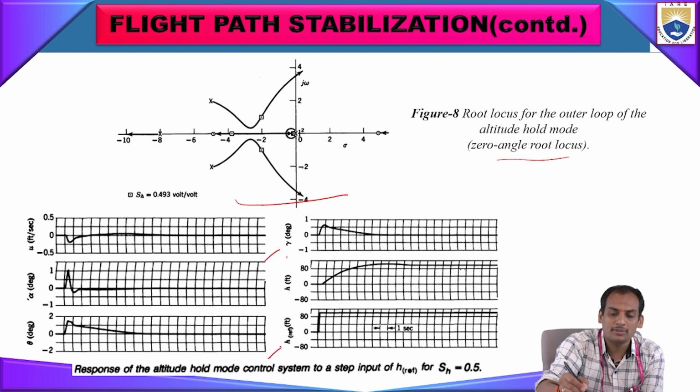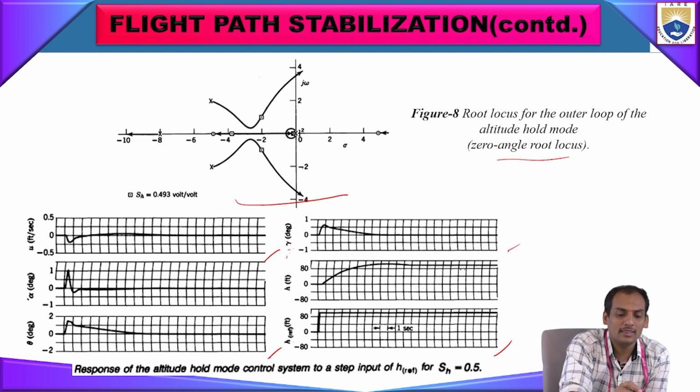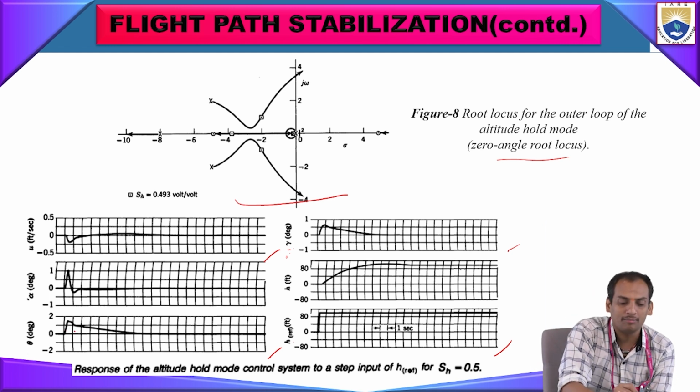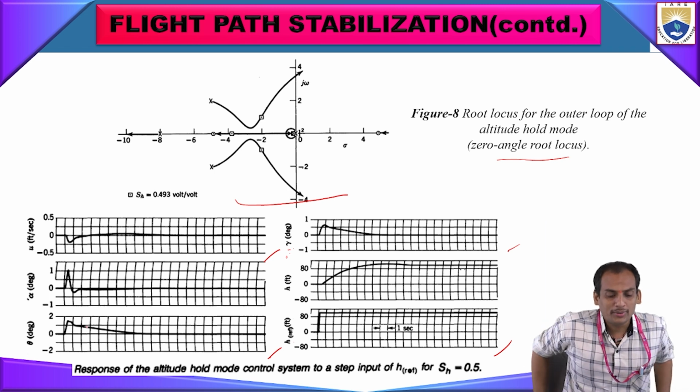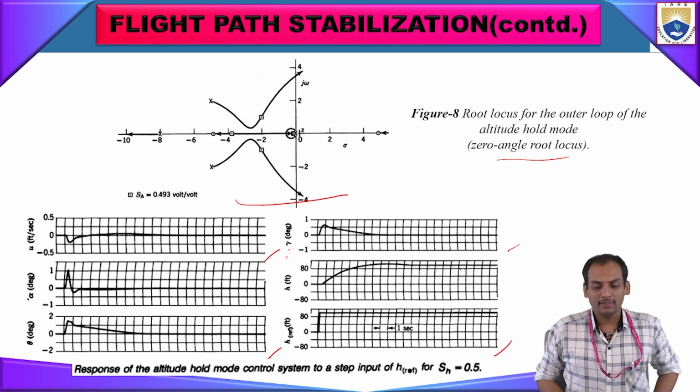This is the response of the mode for u, alpha, theta, gamma, h and h reference. While we are giving the input to the altitude mode, the control system gives very little damping, so the damping will change only slightly.